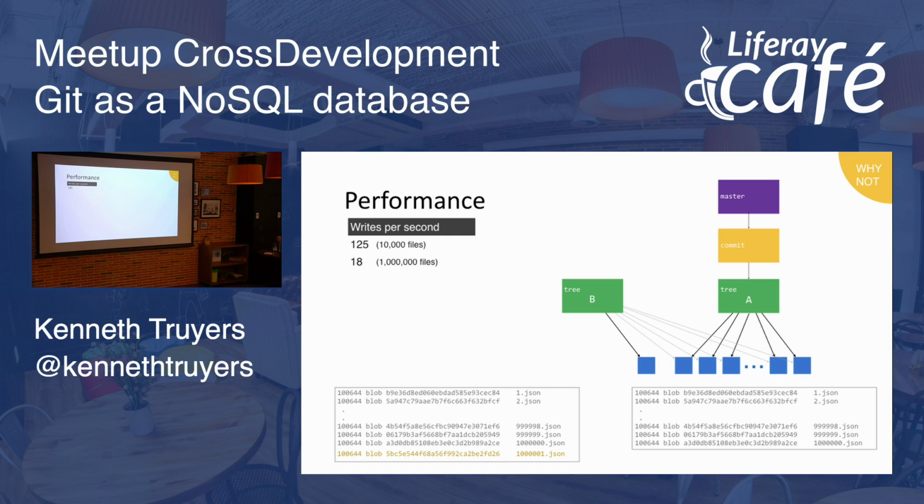But for the ones where it's not fine, it's usually not fine by a lot. So you have applications that do thousands and thousands of writes per second, so that would be a problem here. And it gets worse, because this was on a repository with 10,000 files. So what happens when we do it on a repository with 1 million files?